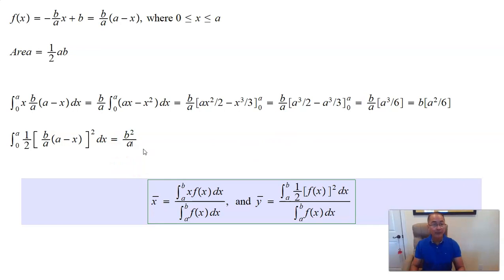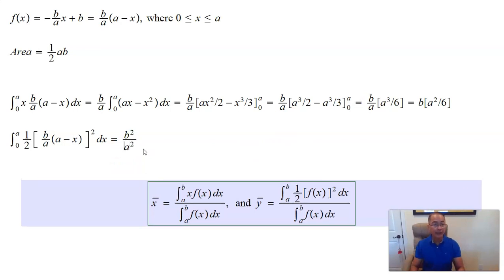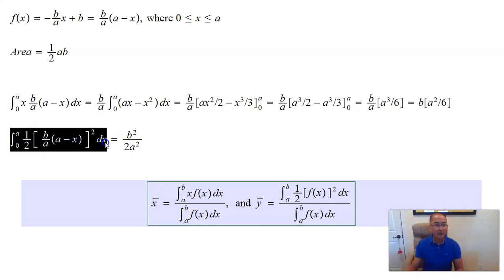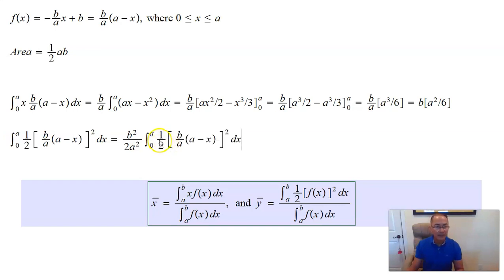So we get b squared, a squared, and a 2. And we're going to expand a minus x quantity squared. So that sticks around. We need to get rid of these. Let's square. Okay, so we're gonna get a squared minus 2ax plus x squared. Right on.